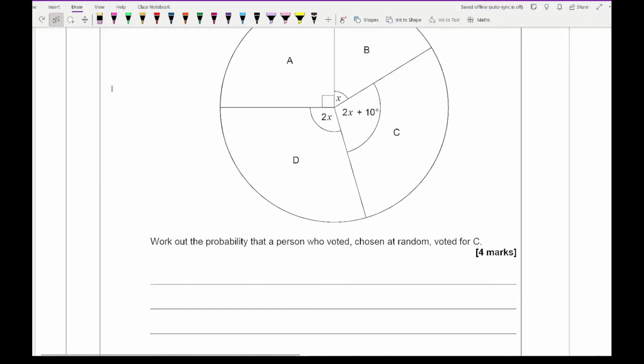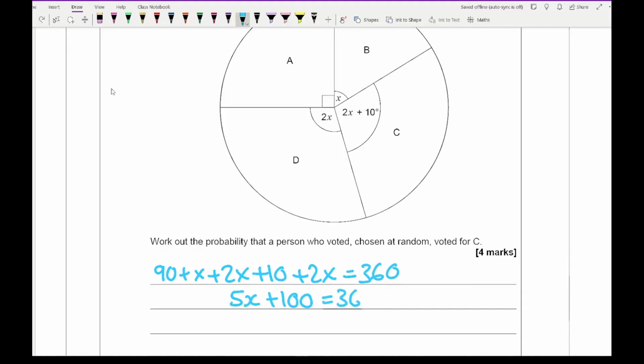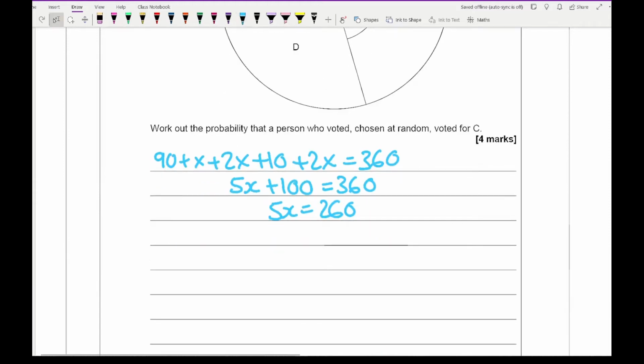So what I need to do first is add up all of those angles. So I've got 90 plus x plus 2x plus 10 plus 2x, all add up to 360. Now if I simplify the left hand side, I get 5x plus 100 equals 360, and so 5x equals 260, and then x equals 260 divided by 5, which is 52.